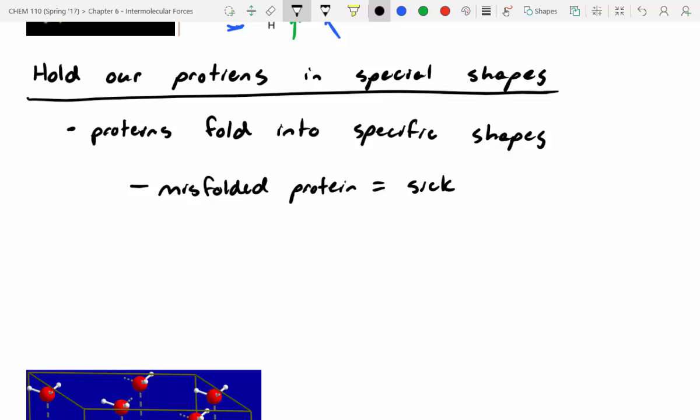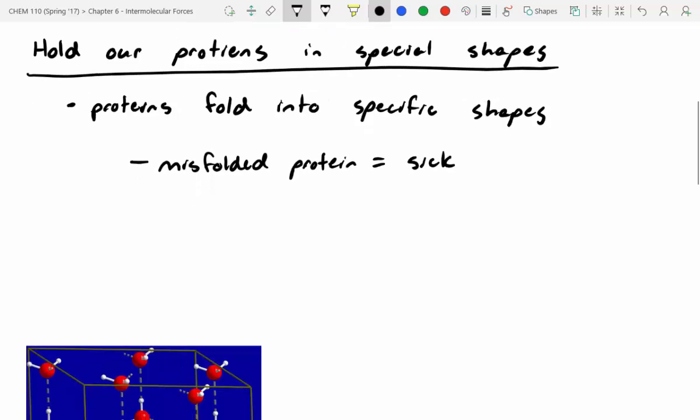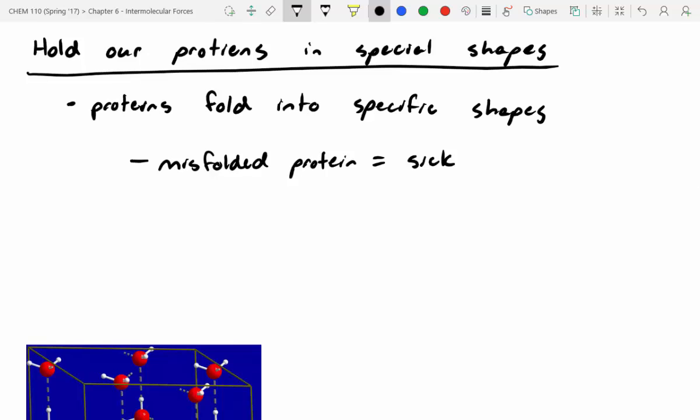So your enzymes are the specific shape, and then the substrate's designed to fit exactly in the pocket in the enzyme. You can imagine if that enzyme didn't fold, and let's say it's contorted like that, it's not going to dock correctly with its substrate. So anytime you have a misfolded protein, it's a serious deal, and it's something that leads to oftentimes fatal genetic diseases.